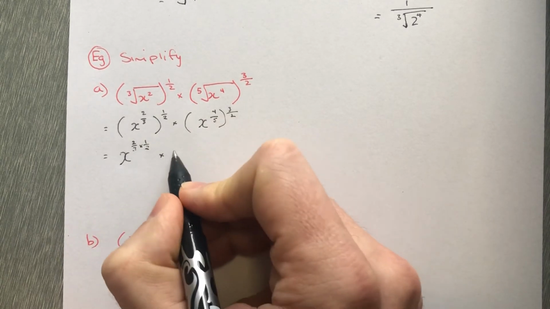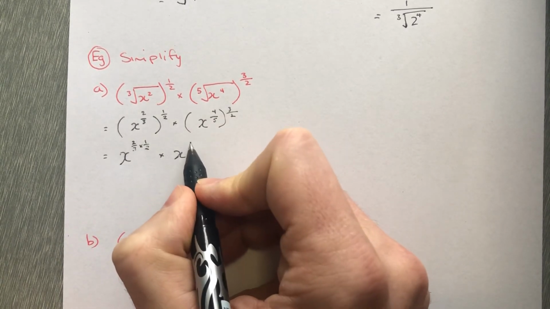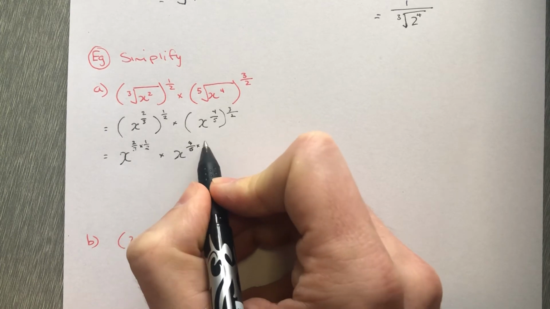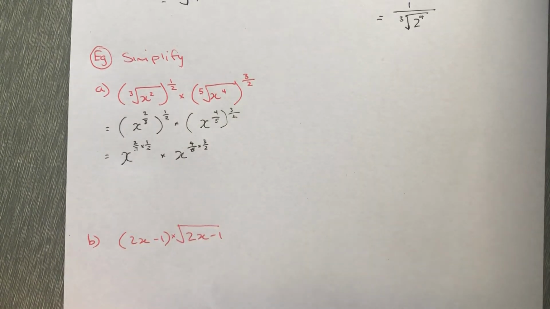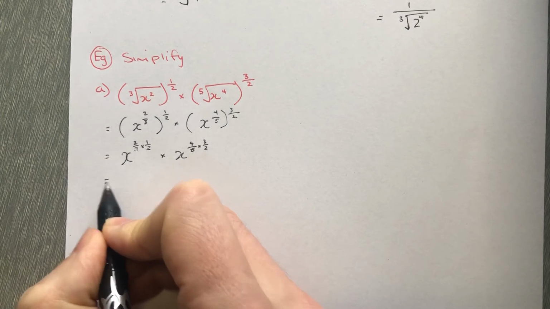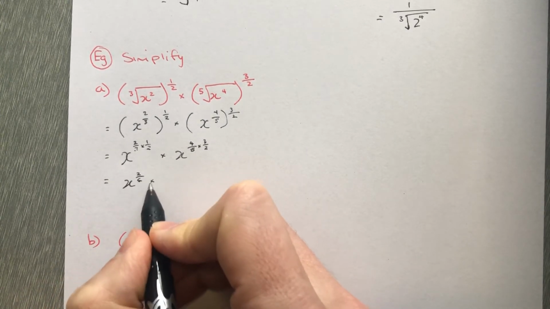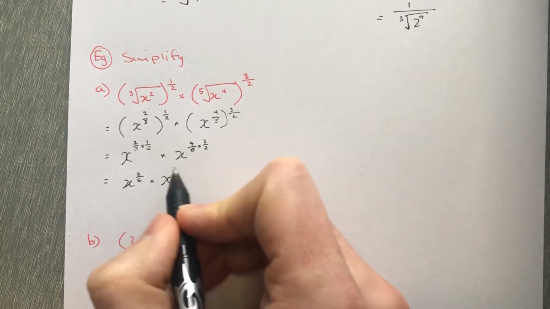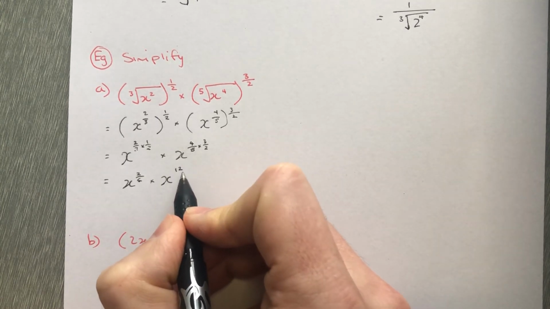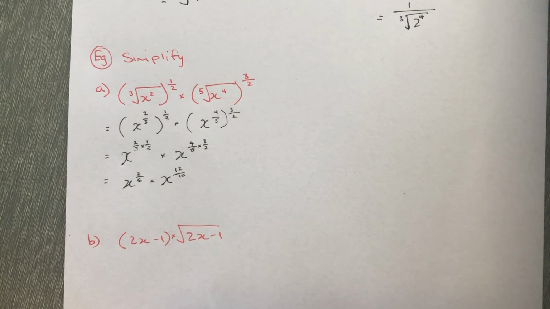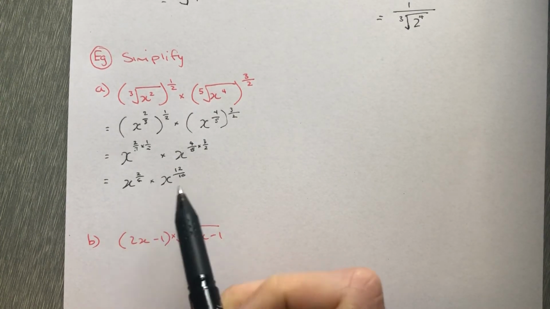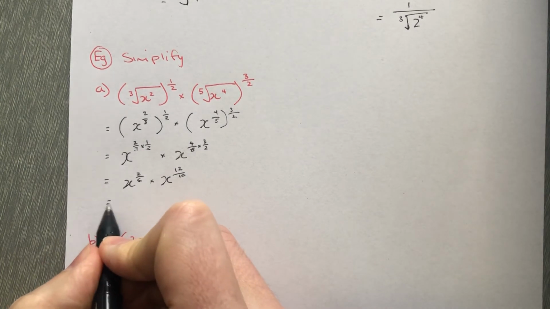And over here we'll have x to the power of 4 on 3 times 3 on 2. There we go. So I might just simplify each of these.